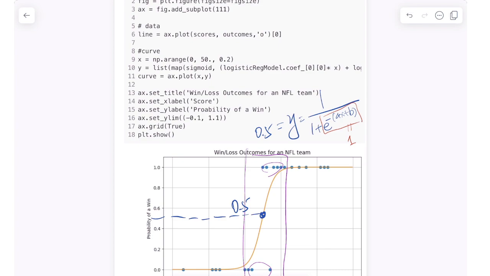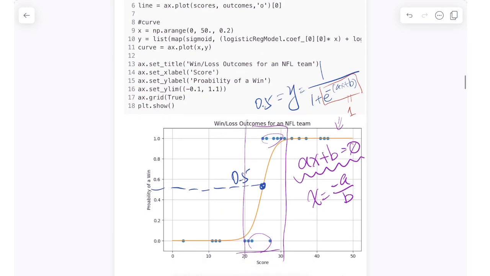The result should be ax plus b equals 0, because e to the power of 0 is 1. So that means if the score is minus a over b, the winning probability would be 0.5 at this point. That is just calculating the value.